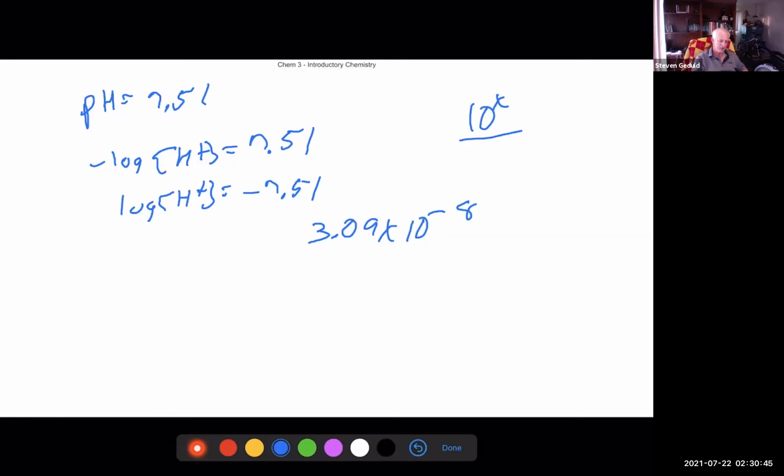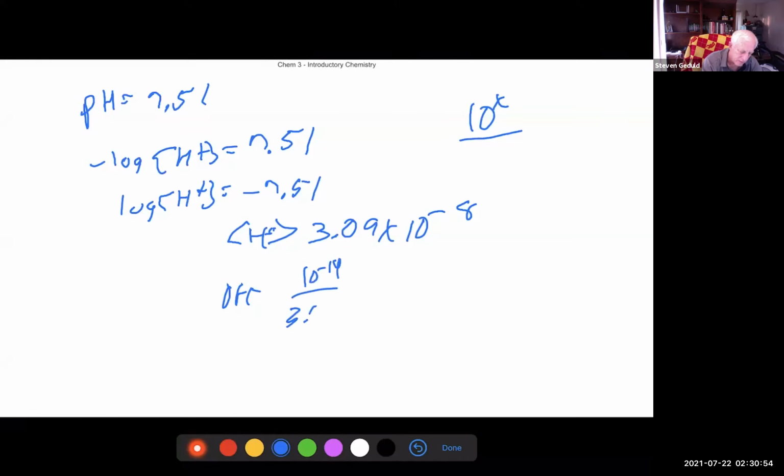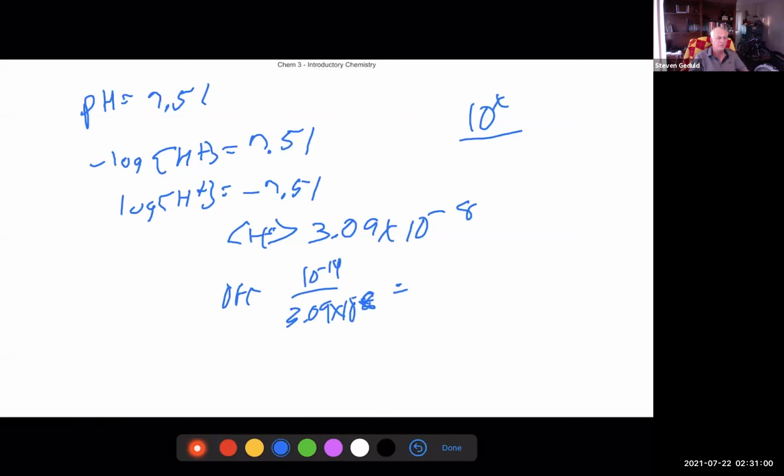So let's finish this one. This is the H concentration. And the OH is 10 to the minus 14 divided by that. And then I'll look at the polypeptide, the other one for the polymer.